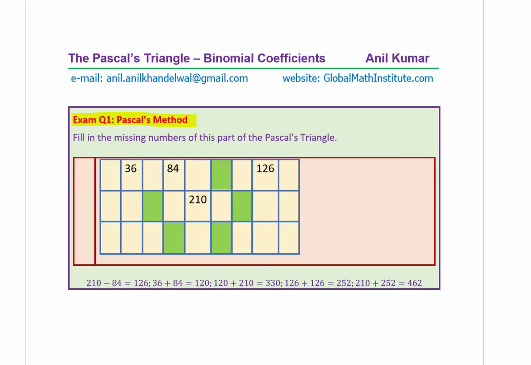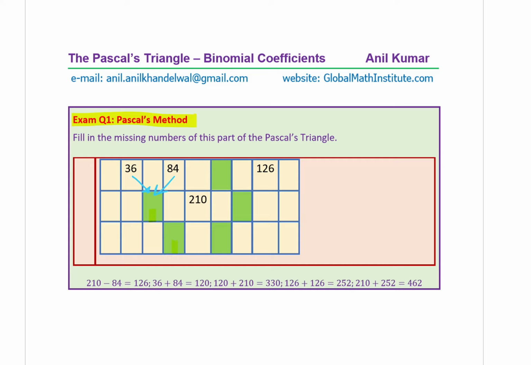You're given 36, 84, 126 with their placement and 210. These are the places where you have to write down the missing numbers. So take a moment to answer this question. The concept is absolutely clear to you. What you need to do is add these two to get the next value. Is that clear to you?